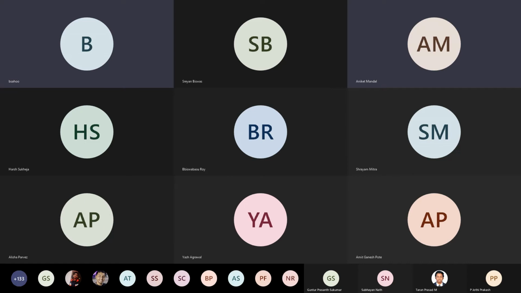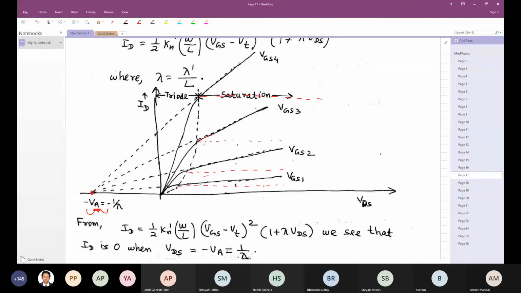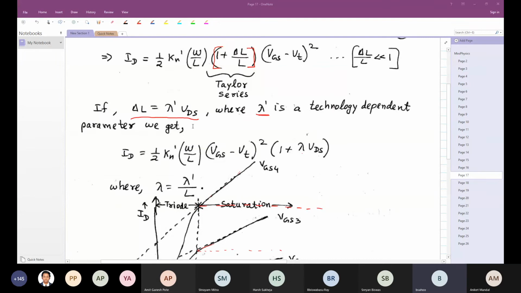So, can you explain why are we taking delta L equal to lambda dash into VDS? No, it is not that way. We want to see what we want to do. The actual expression is this.